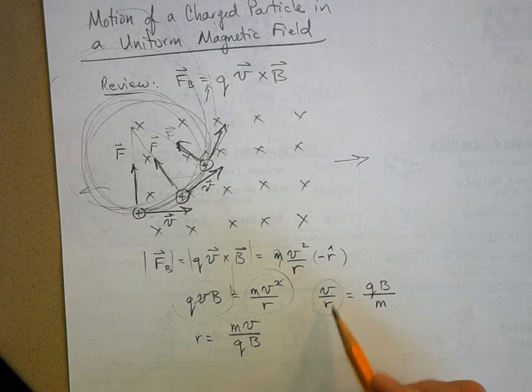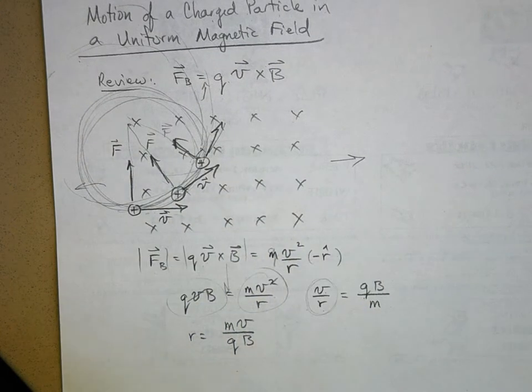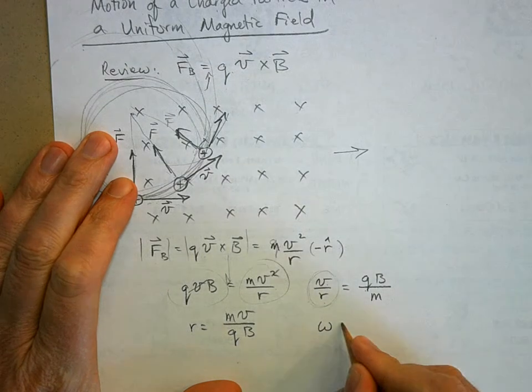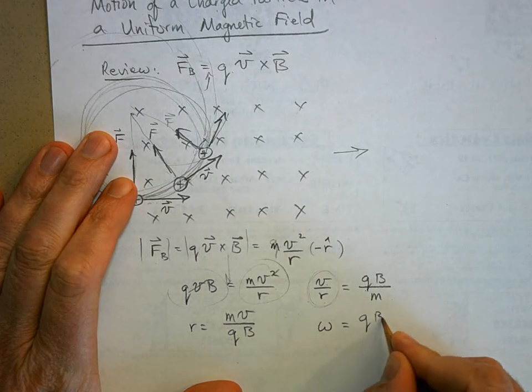It's the speed divided by the radius. What do you get when you get the speed divided by the radius? Well, we get the angular velocity, which we call omega, is equal to qB over m.